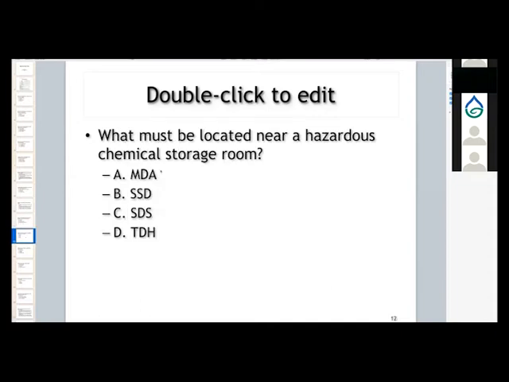What must be located near a hazardous chemical storage room? So the answer to this one is the safety data sheet, SDS, which is C. Safety data sheets are going to be found in any water treatment plant. They have a description of the chemical you're working with. It gives you an explanation of what the chemical is, what the hazards are of that chemical, what kind of personal protective equipment, PPE, to wear.